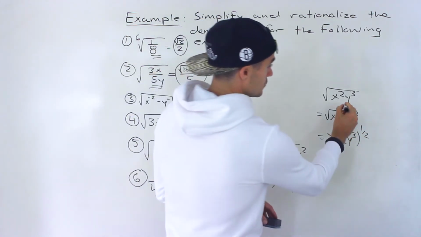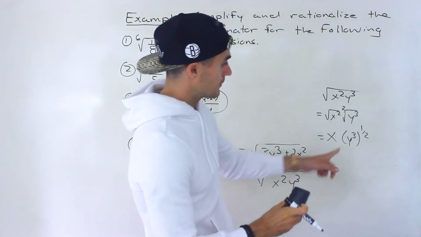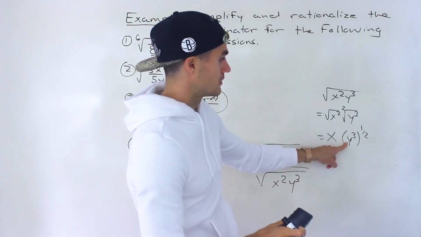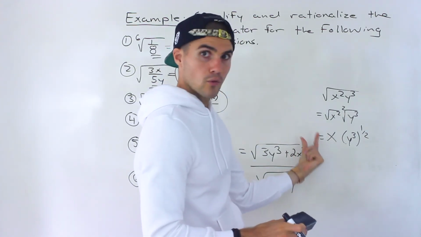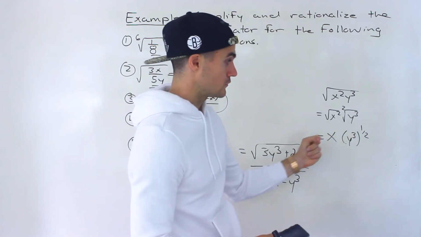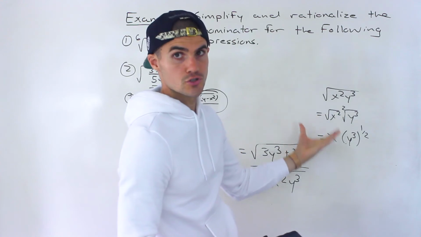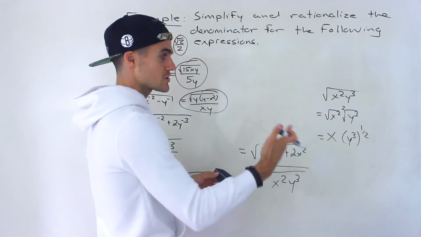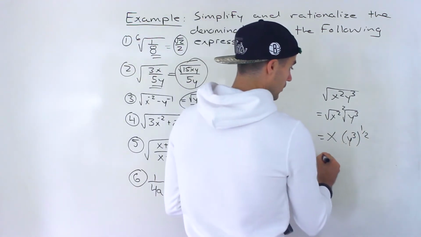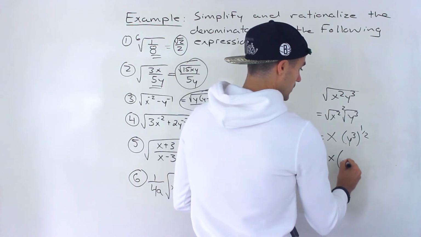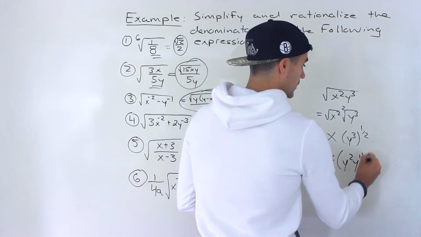And same thing, there's like a 2 there, so we want to split up that y to the 3, where one of the y's has an exponent that is a multiple of 2. What's the highest multiple of 2 that's less than or equal to 3? 2, right? 2, 4, 6. 4 is greater than 3, so it wouldn't work. So this we would split up into y to the 2 times y to the 1.